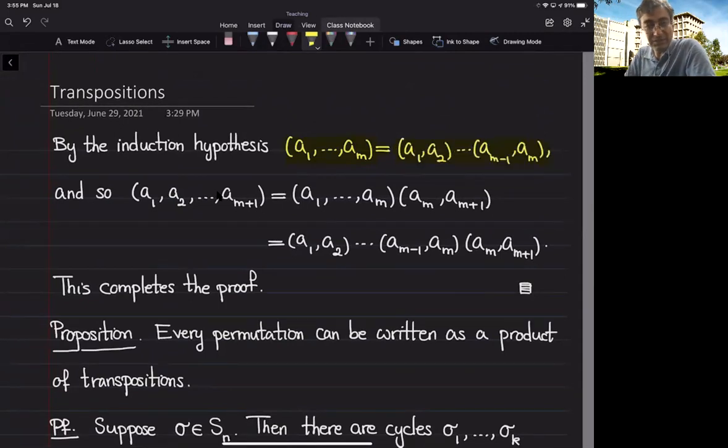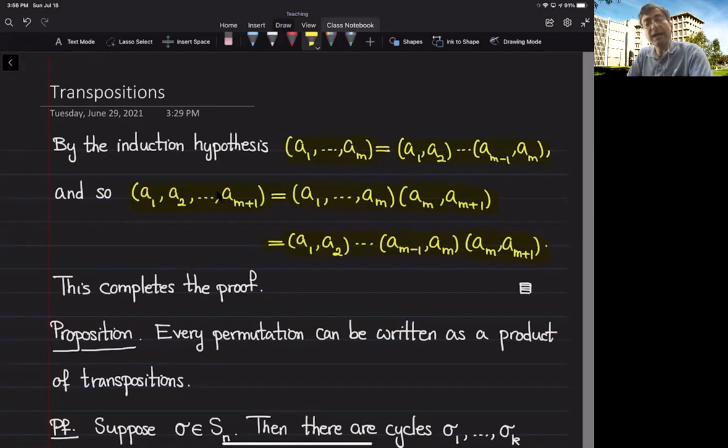And putting this together with the linking relation that we had earlier, we end up getting that the m plus 1 cycle is equal to, instead of this one, I'm going to write down the product of these m minus 1 transpositions and then copy down the last transposition, and we end up getting the desired product of transpositions.